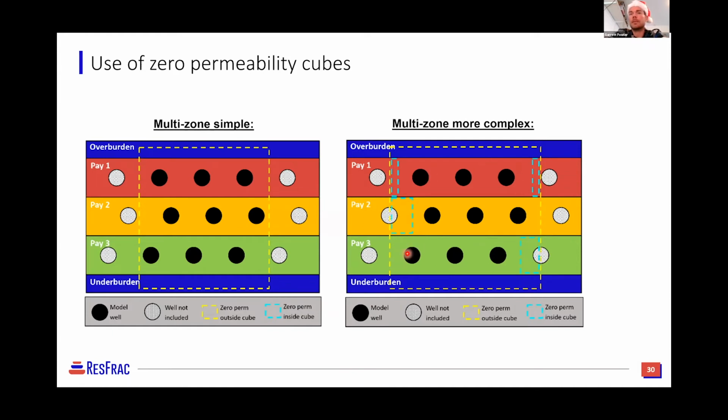Again, it's a little bit imperfect because there is likely frac growth happening between zones, right? So if you just make that zero perm inside cube within a single zone, in reality, maybe this well would be draining a little bit from there. So there are always approximations that have to happen.